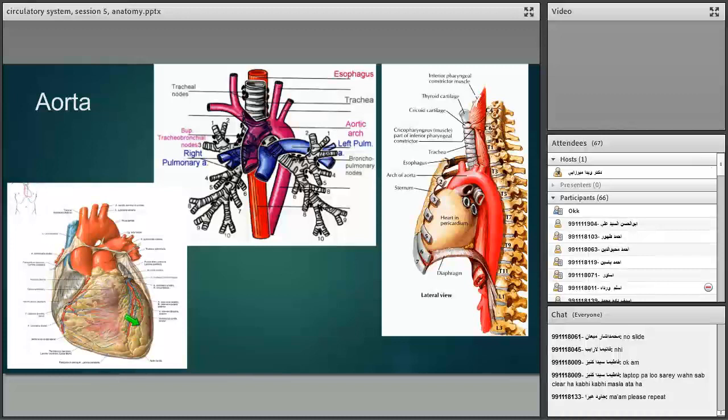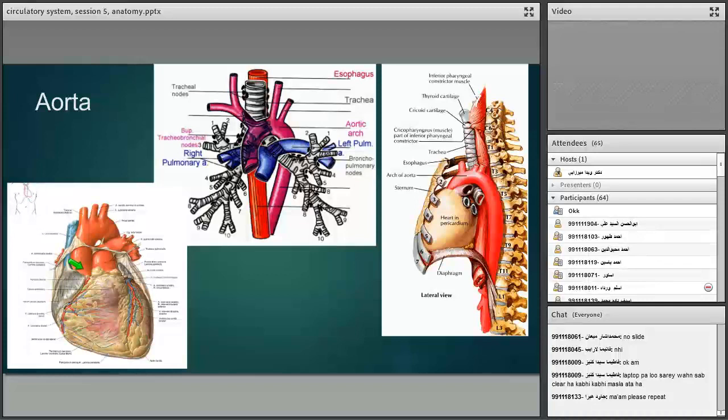The muscle of the left ventricle is much thicker than the right ventricle because the left ventricle should send the blood to all parts of the body, but the right ventricle is just sending the blood to the lungs, a short distance. But the blood has to go to all parts of the body, like head, like limbs. So the muscle of the left ventricle is much thicker than the right ventricle.